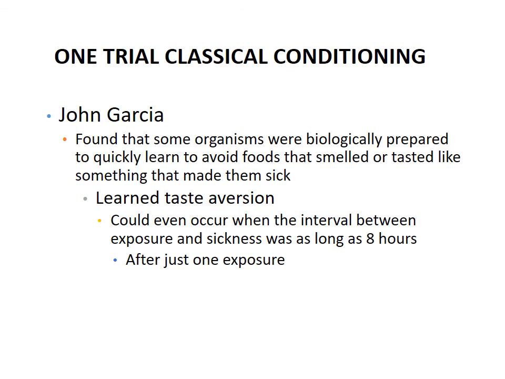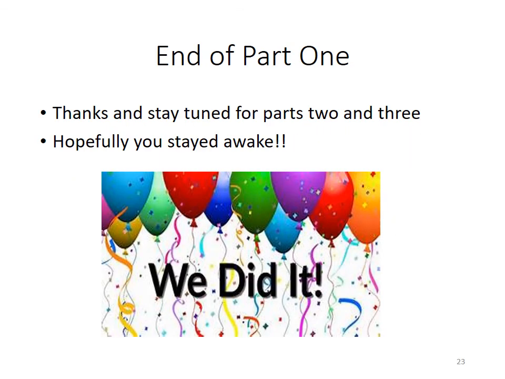So that pairing between the tainted food and the time I got sick was very far apart. So in those particular situations, when we're talking about taste aversion or learned taste aversion, a lot of the rules are violated. This is the end of part 1 of our learning PowerPoints.